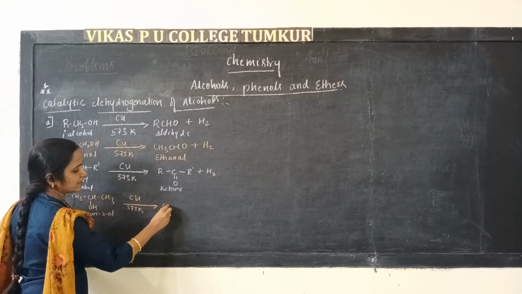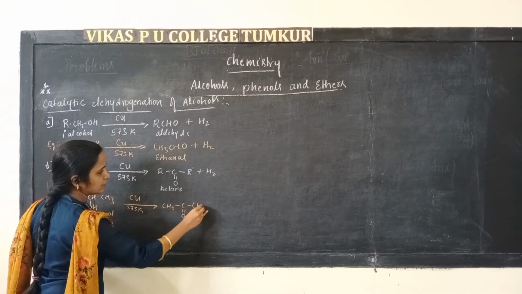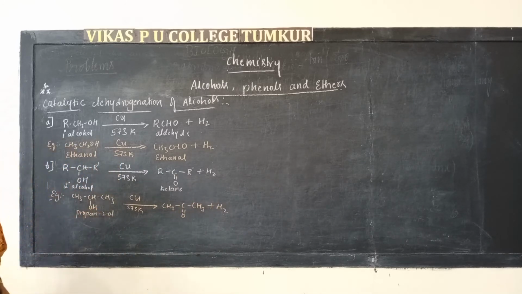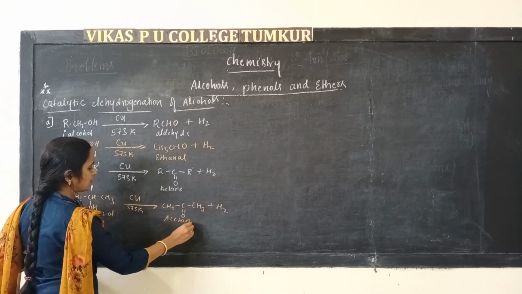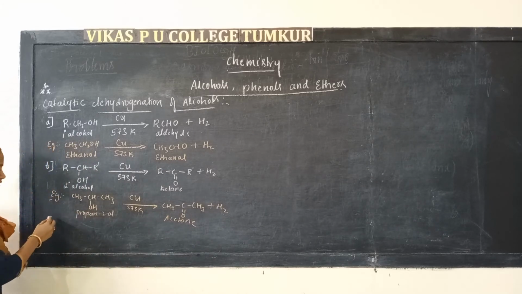We are going to get acetone. It undergoes dehydrogenation and acetone is formed. The common name is acetone. The IUPAC name is propanone. Then I will discuss the tertiary alcohols.